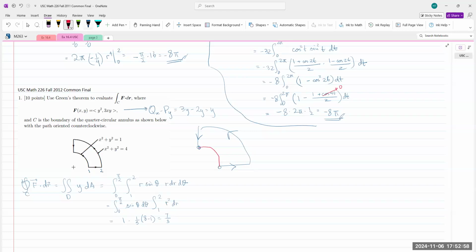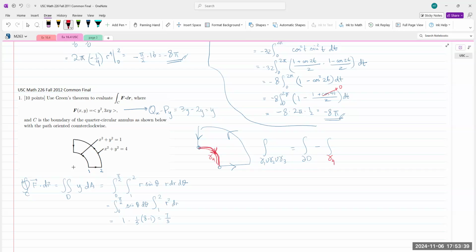So the integral over path 1 union path 2 union path 3 is equal to the integral over the boundary of that domain minus the integral over path number 4. But if you notice, the orientation of path number 4, if you just look at this arc here, is opposite of what we usually do.